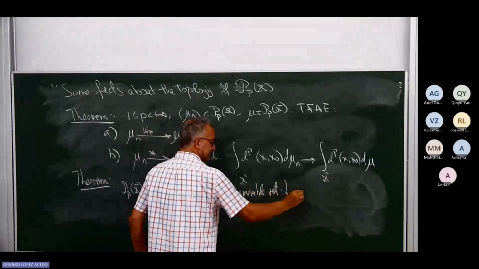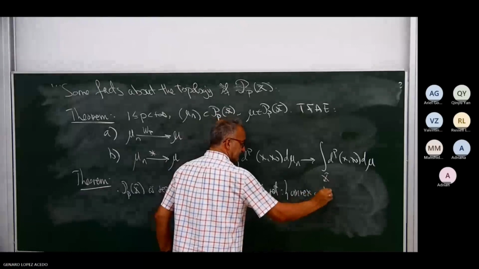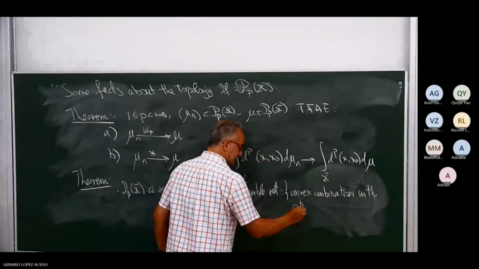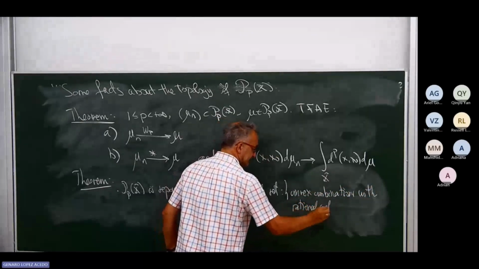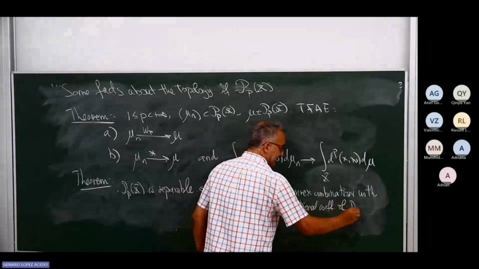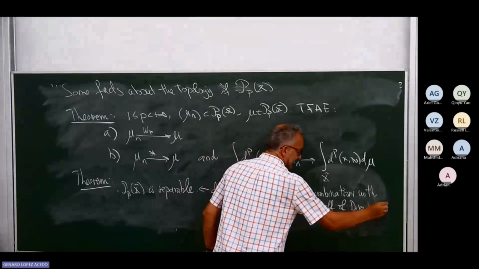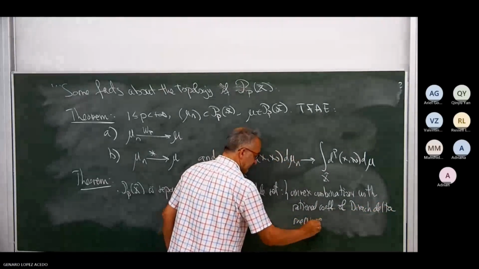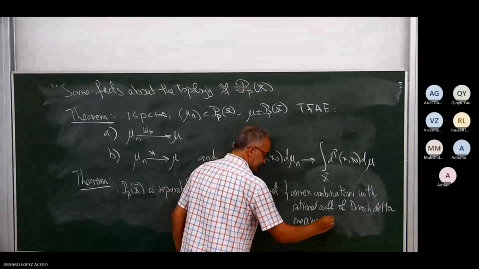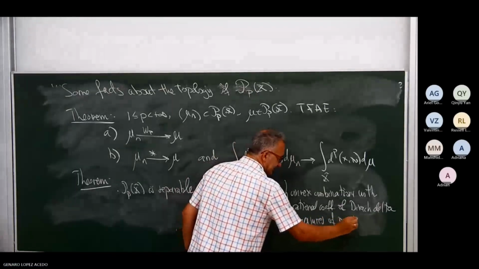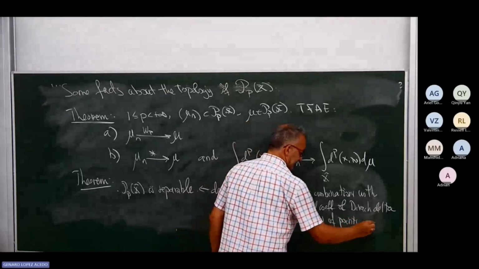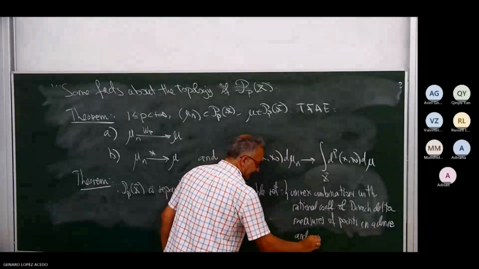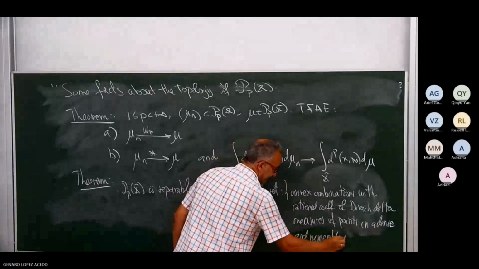the convex combination with rational coefficients of delta masses on points in a dense and numerable subset.